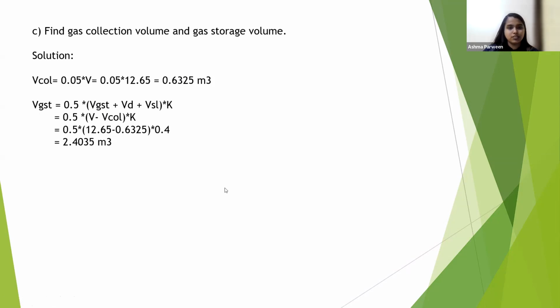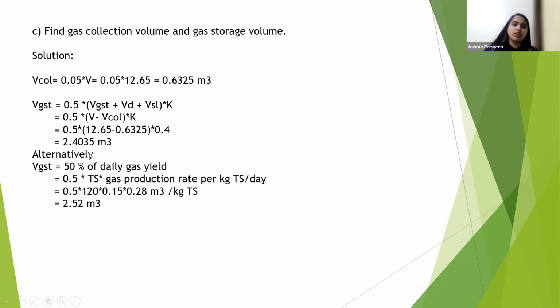So I got one answer as 2.516, but none of these answers are 2.516. So we will see what the gas storage volume will be, because we can find the gas storage volume by using two formulas, either by this, or by using the formula that gas storage volume is given as 50% of the daily gas yield. So here it is given 50% of the daily gas yield.